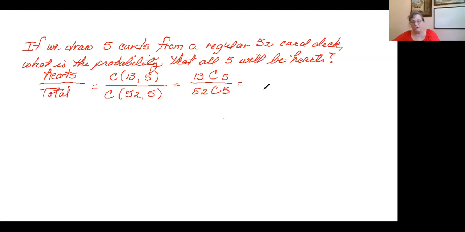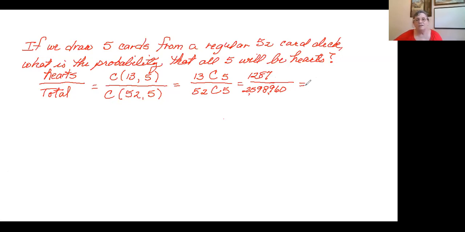So 13 choose 5, there are 1,287 ways to do that. 52 choose 5 is, hold your breath, 2,598,960 possible ways to do that.